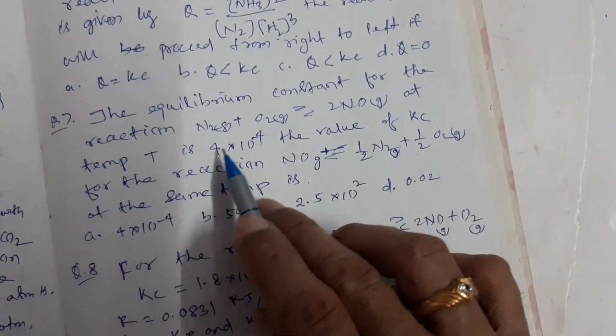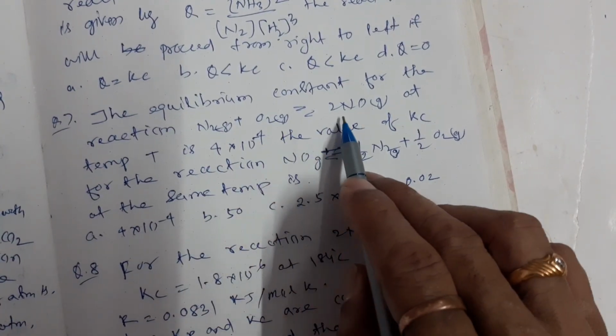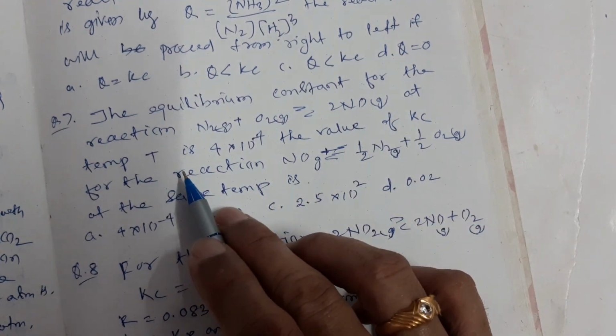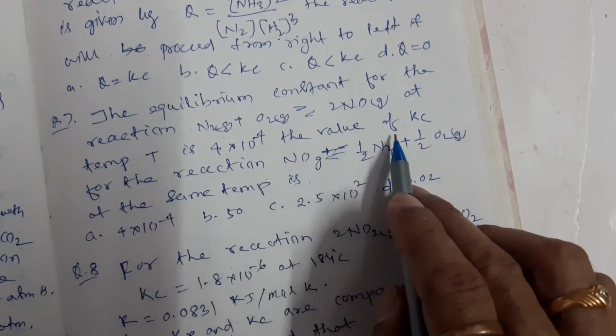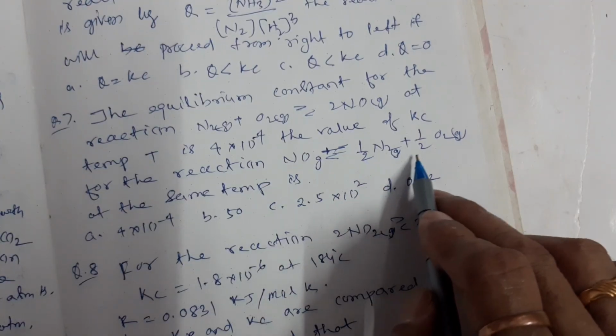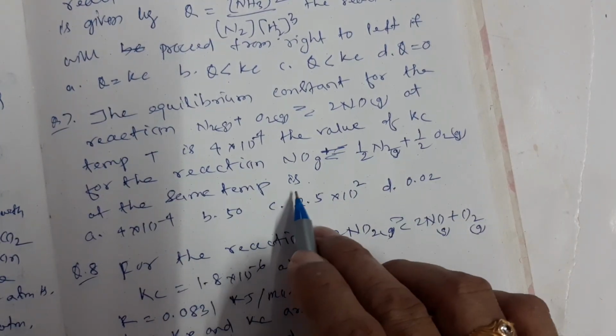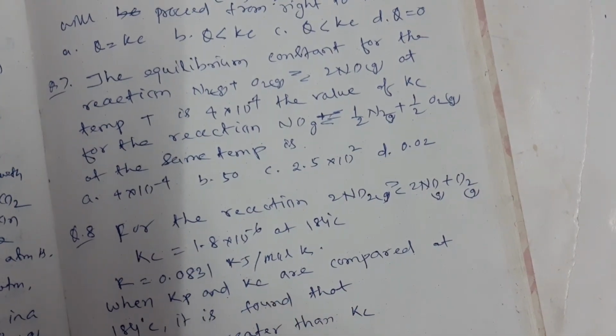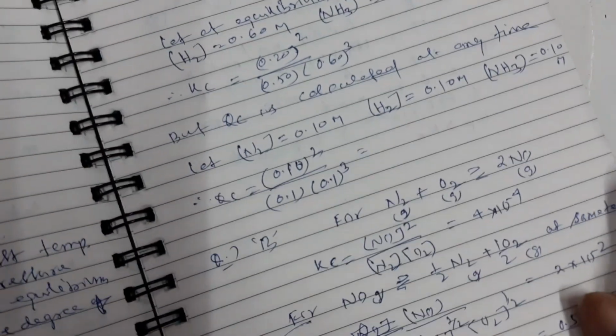Next, the equilibrium constant for the reaction nitrogen plus oxygen giving 2NO at temperature T is this much. What is the value of Kc for the reaction NO giving half N2 plus half O2 at the same temperature? This is the same case. I already explained this in the last video.